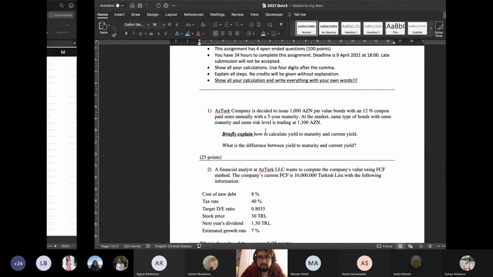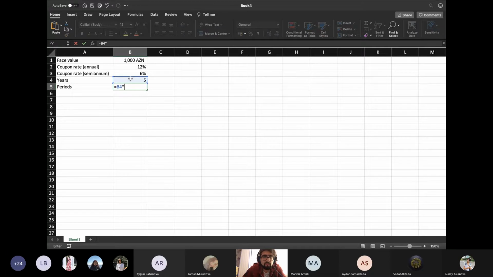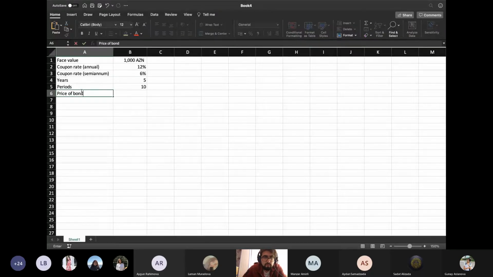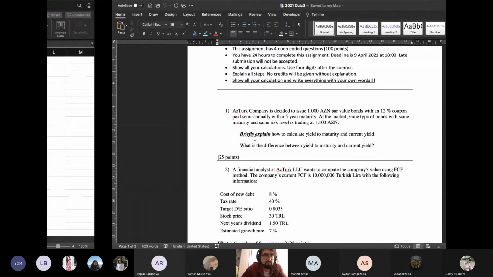Then what we have here, 5 years to maturity, periods 5 multiplied by 2, 10 periods because it is semi-annual, and price of the bond $1,100. We are required to find yield to maturity and current yield.